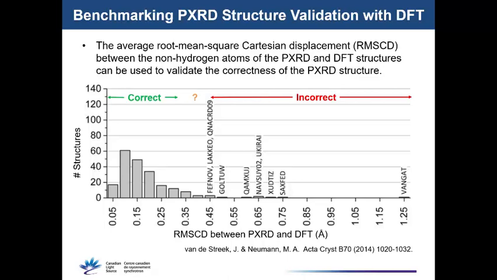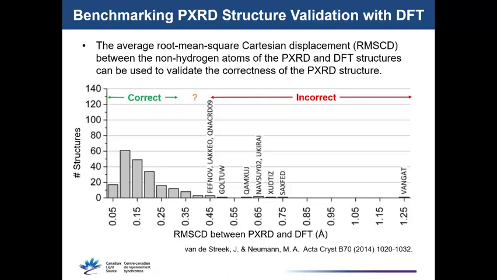Generally correct PXRD crystal structures fell below an RMSD of about 0.3 angstroms for the non-hydrogen atoms. For structures with RMS displacements over 0.4 angstroms, in general, the PXRD structure was probably incorrect.